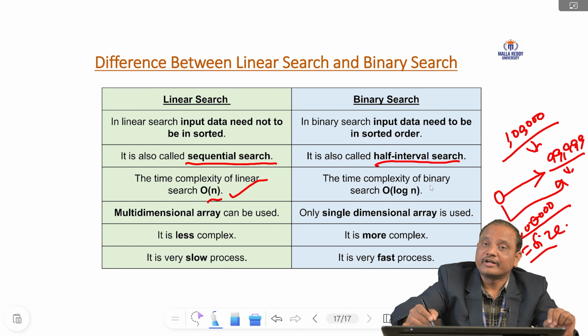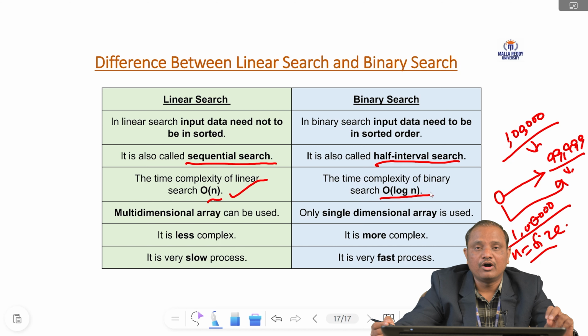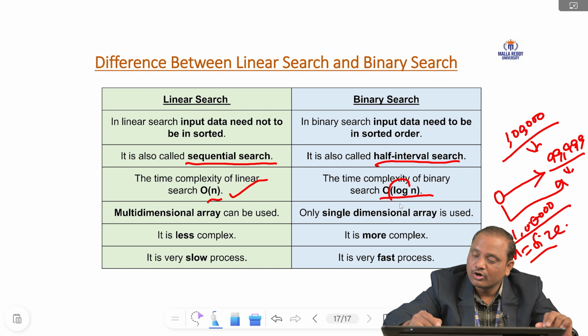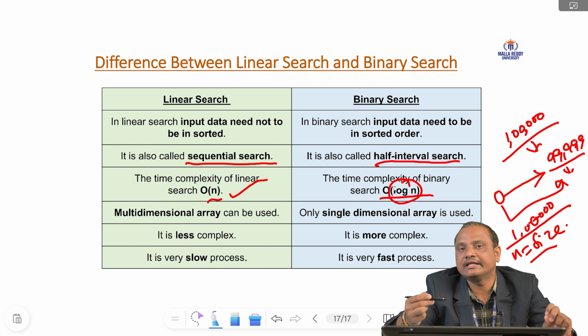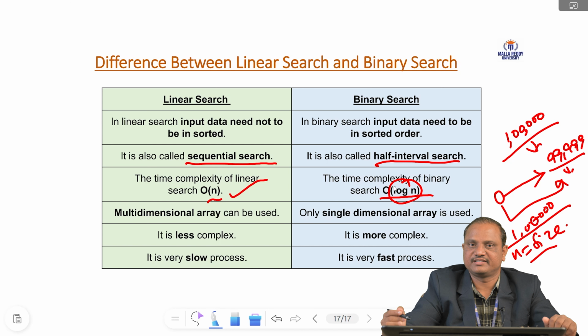Coming to the time complexity of binary search, it is big O of log n. Why log n here? Because every time we are dividing the array into 2 parts.